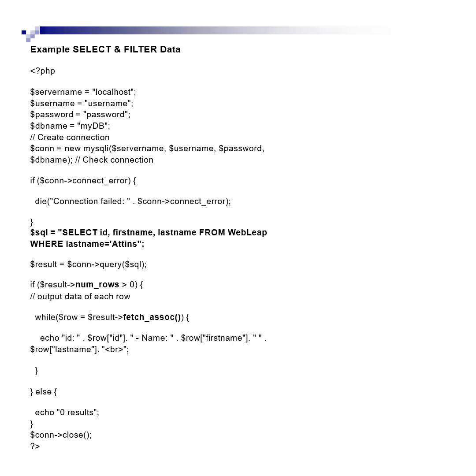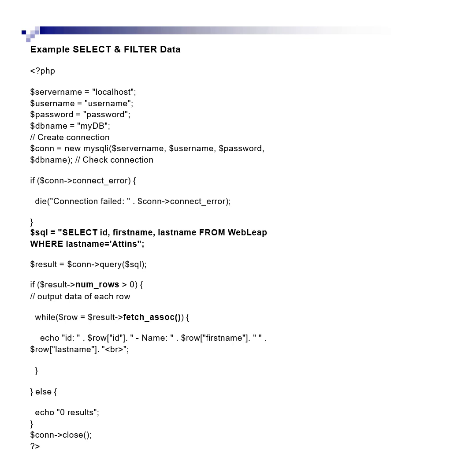Explanation of the example. We set up the SQL query that selects the ID, first name and last name columns from the weblib table where the last name is Athens. The next line of code runs the query and puts the resulting data into a variable called result. Then the function numRows checks if there are more than 0 rows returned.